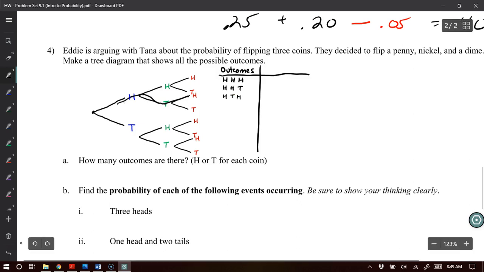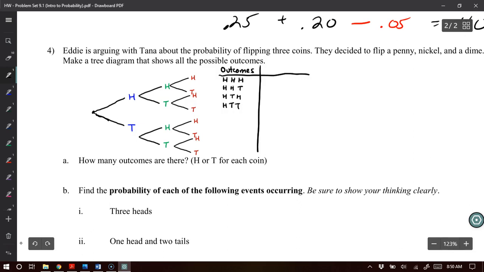Or I can have a heads, a tails, and a tails on it. So all I did was trace out my events: heads, heads, heads, heads, heads, tails, heads, tails, heads, heads, tails, tails. And I could do it for the next one.